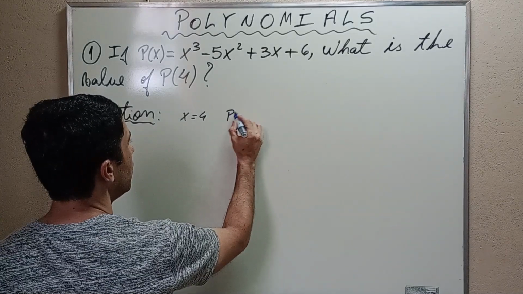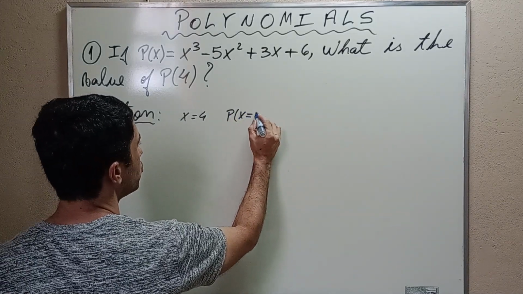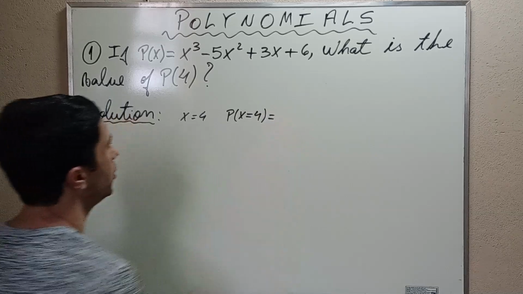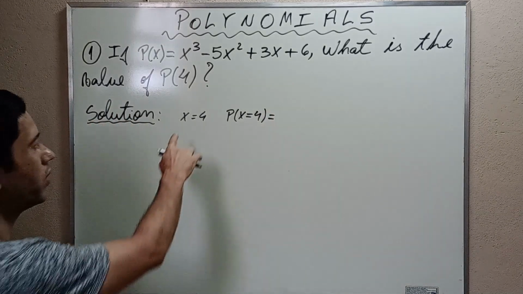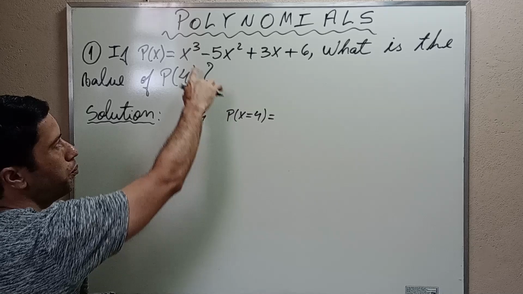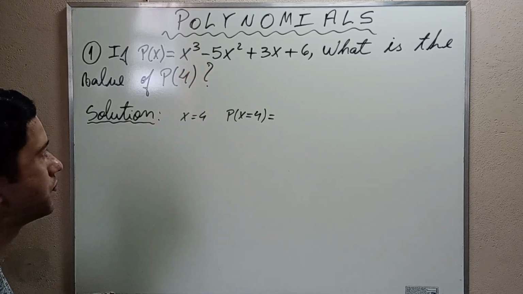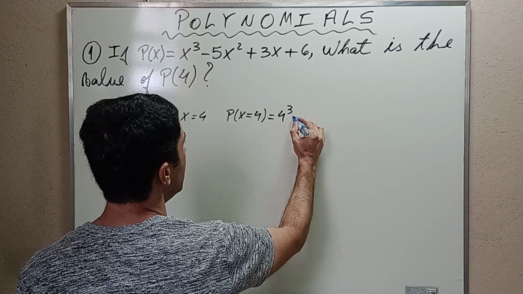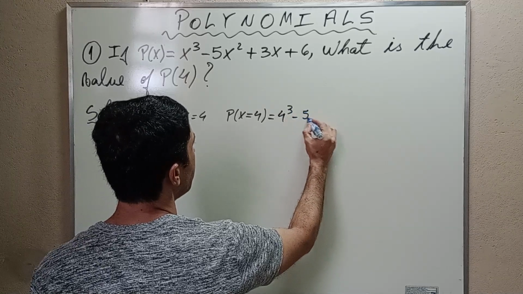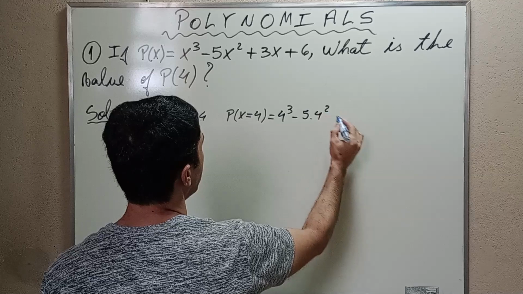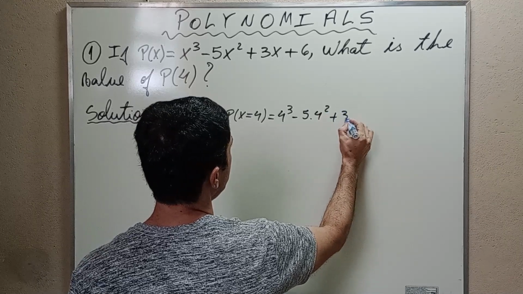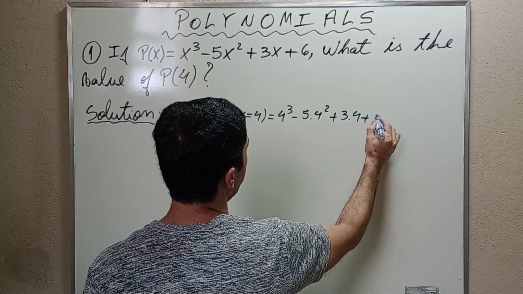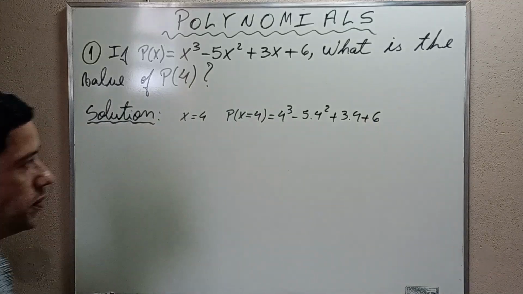P of 4 is equal to, we are going to use 4 in the place of x: 4 cubed minus 5 times 4 squared plus 3 times 4 plus 6. Okay?